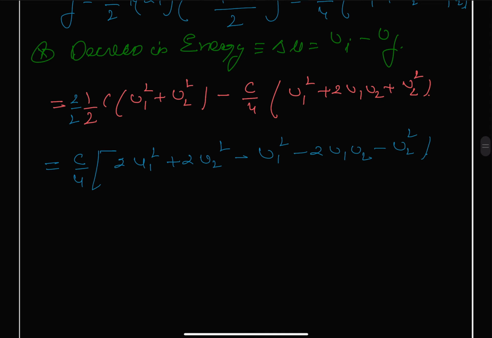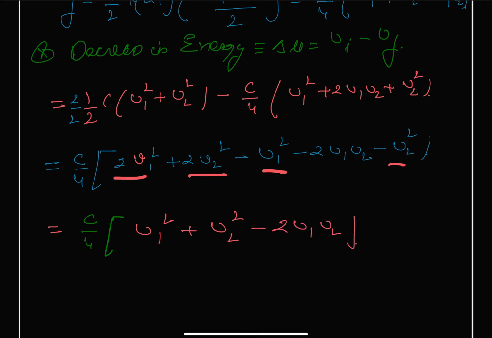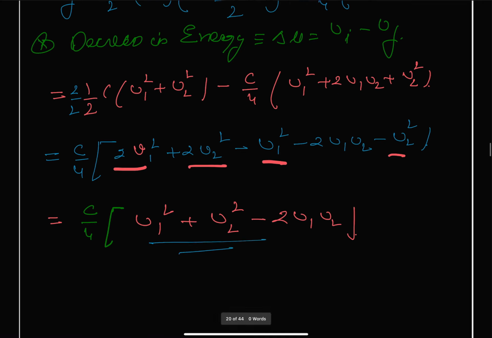And now it is quite easy, we can write this will be equal to C by 4 as common, and V1 square and V1 square, so we are left with only V1 square, and this is V2 and V2, so this comes as plus V2 square minus twice V1 V2, and this will be coming as (V1 minus V2) whole square.